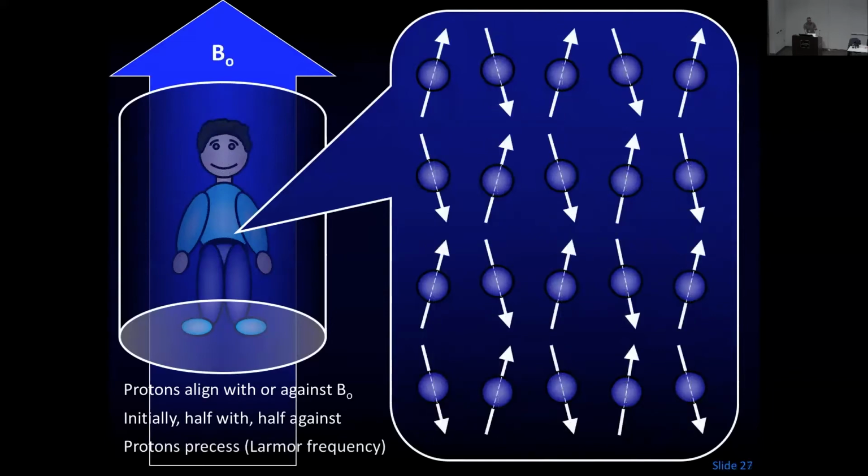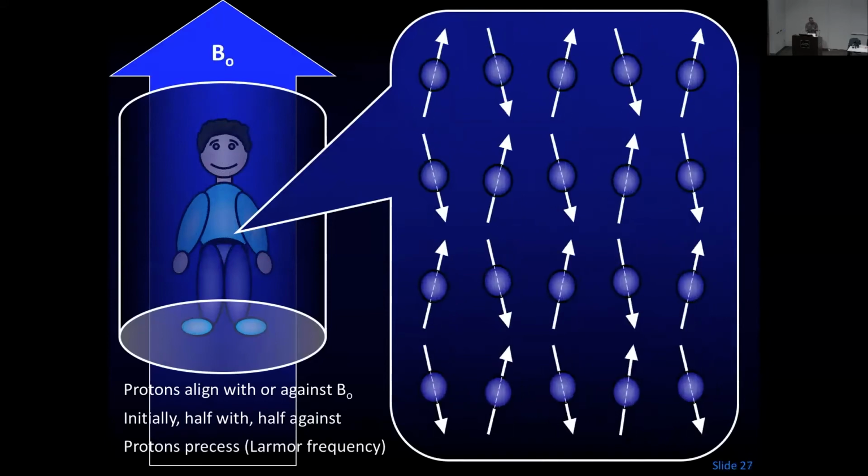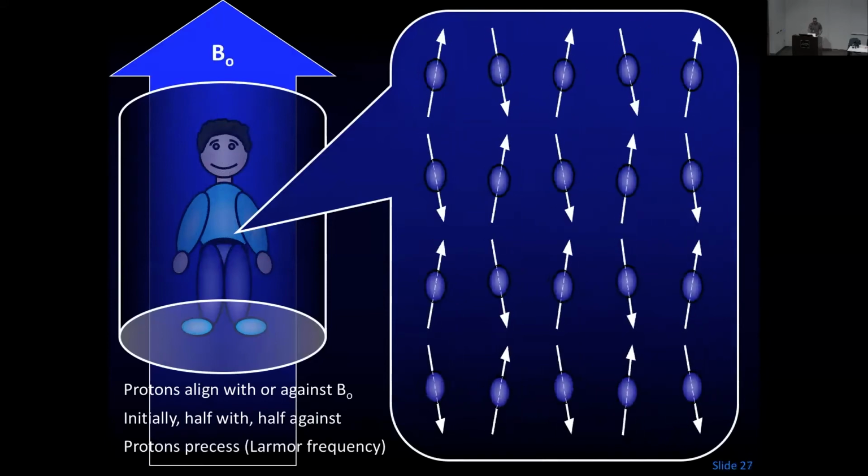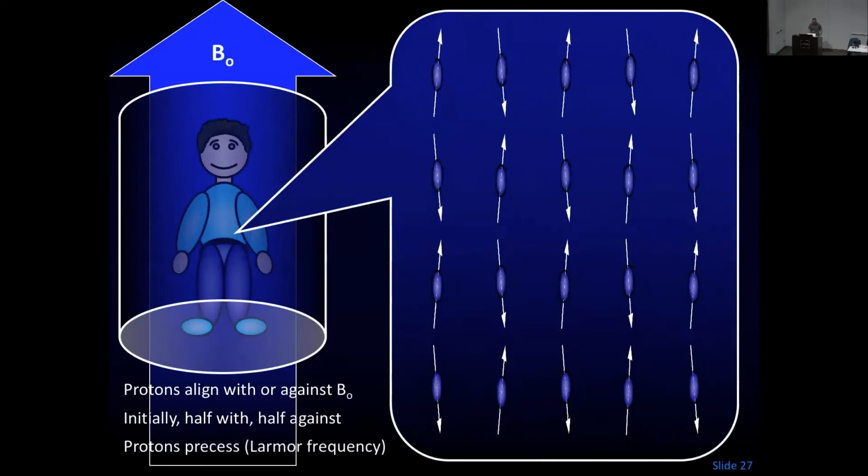But something else happens. In addition to lining up with the magnetic field, the magnetic dipole moments start to precess around B0, which, as best as I could animate it, looks kind of like this, but this is sort of the wobbling precession of a top. Okay, so these are precessing.